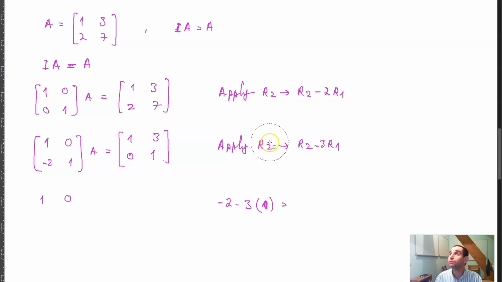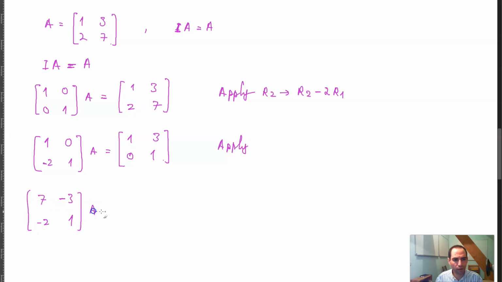Whatever they have written is wrong, meaning that this is not the case. What you would get here, based on what they have written, is 7, negative 3, negative 2, 1 times A is equal to 1001. And we need to figure out what they have done.